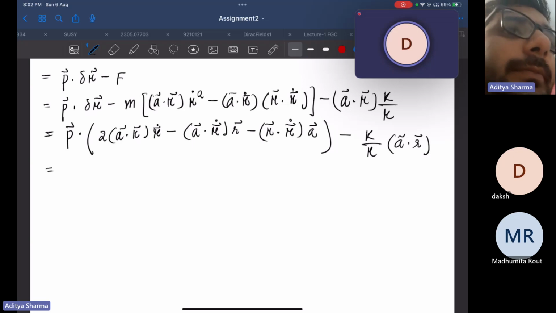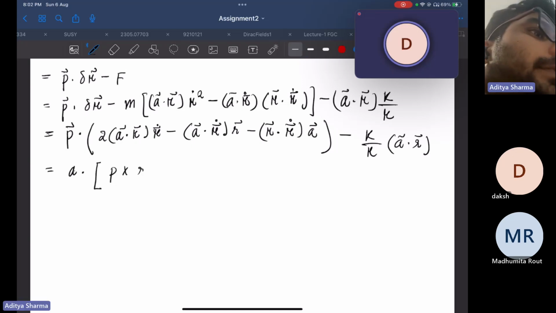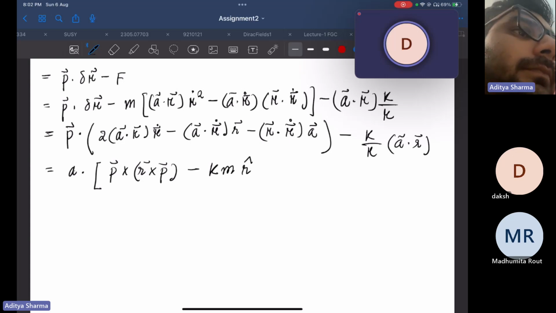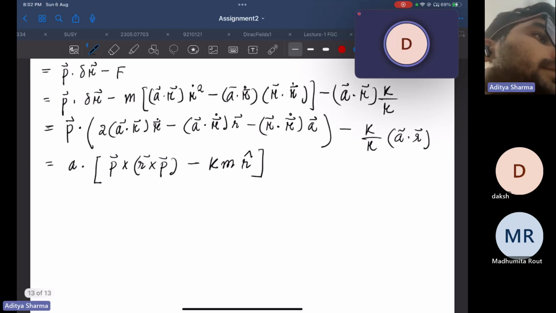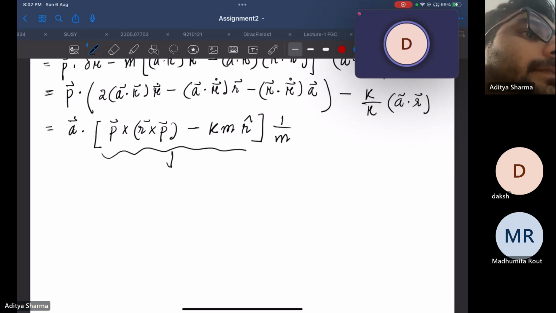The whole of this term can be written as A dot P cross L, that is P cross R cross P. So there is some number in front here, and this is the LRL vector.